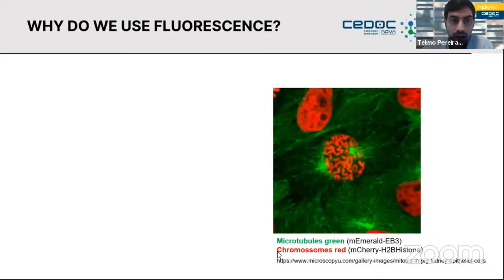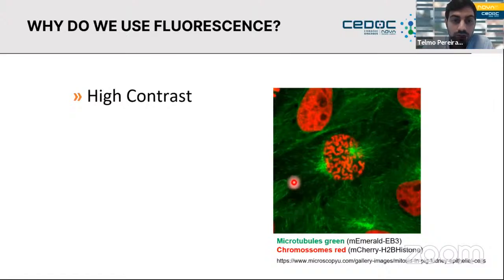So the first question would be, why do you use fluorescence? So fluorescence is very popular nowadays, and it's a daily use technique. And the first advantage that you have, you can clearly see in the images that you already took, and also specifically in this image here, you can see that it has a high contrast.